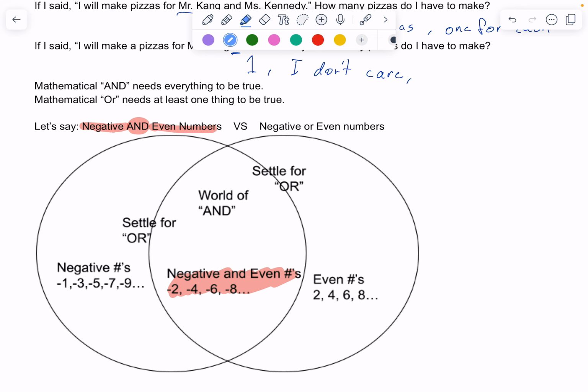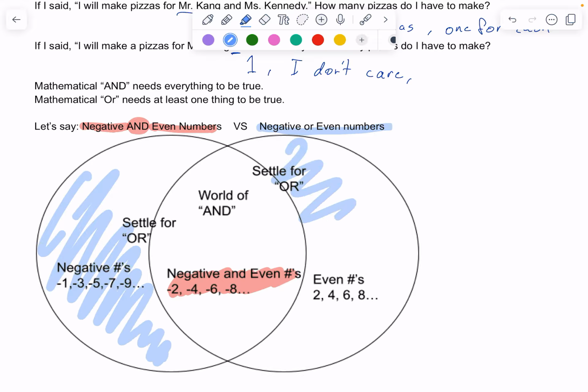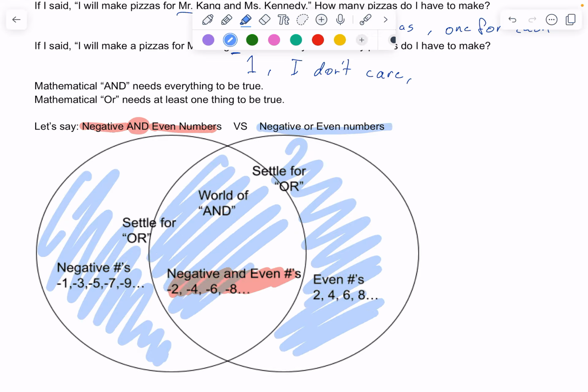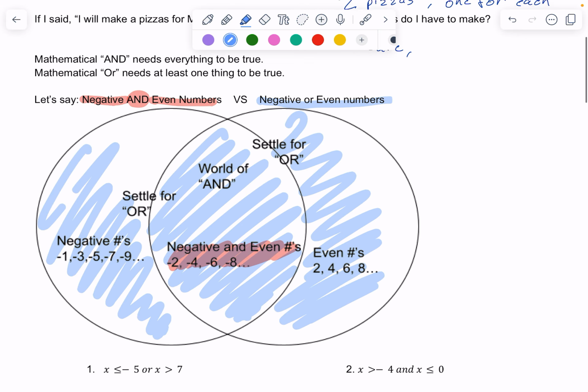Had I said negative or even, well, these are negative, these are even, so those also work. These are a little bit of both, so that also works. And needs everything to be specifically true, or just means at least one thing is true.